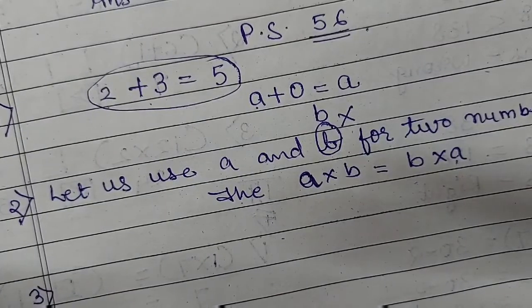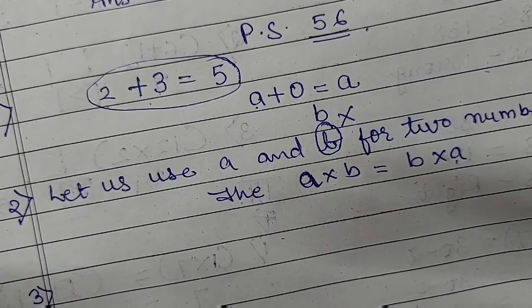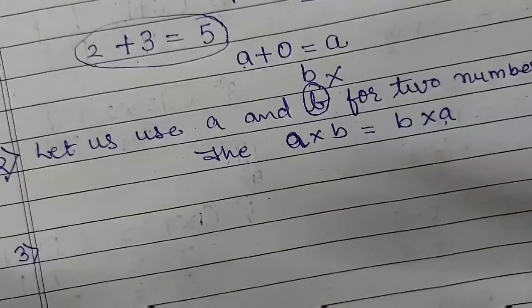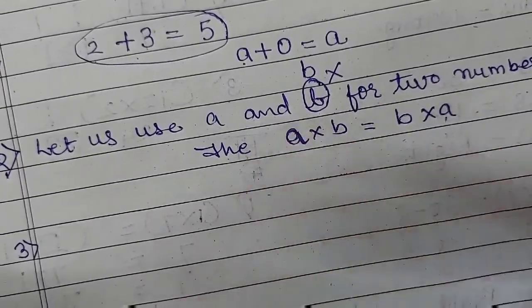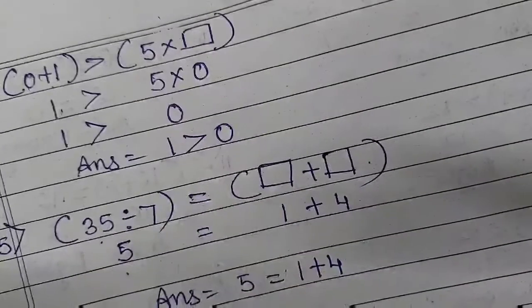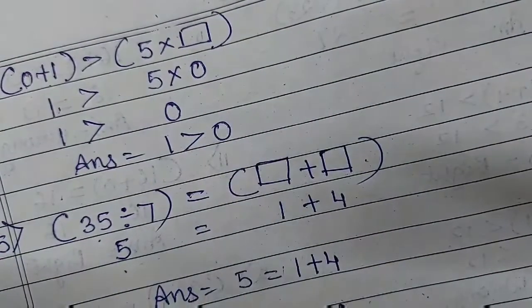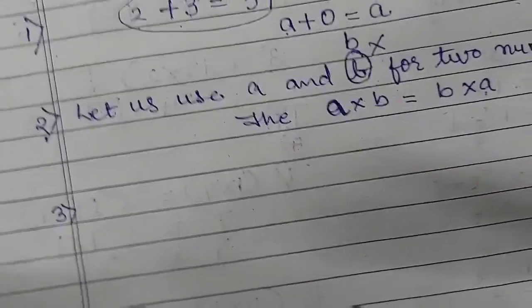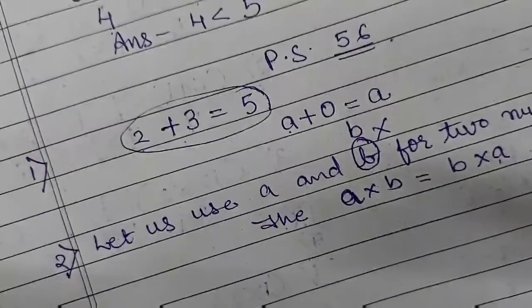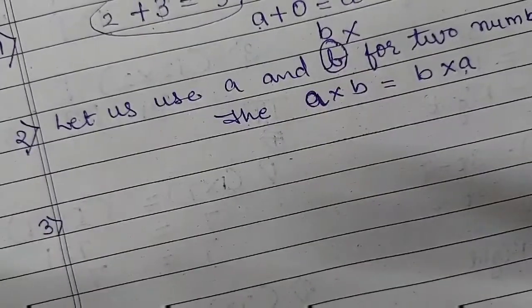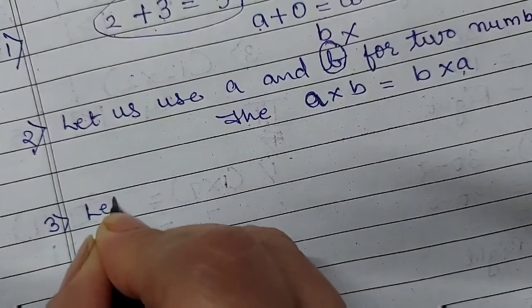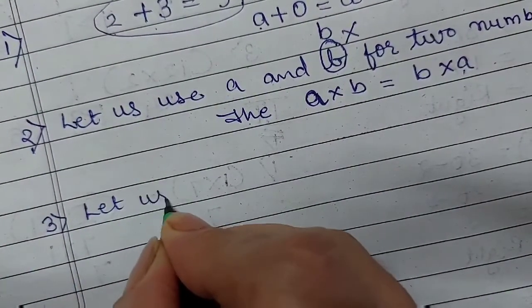The product of any number and 0 is 0. The product of any number and 0. We did here, no? 5 into 0 is 0. The product of any number multiplied by 0 is 0. Now this we have to write with the help of the alphabets. So what will we write here?